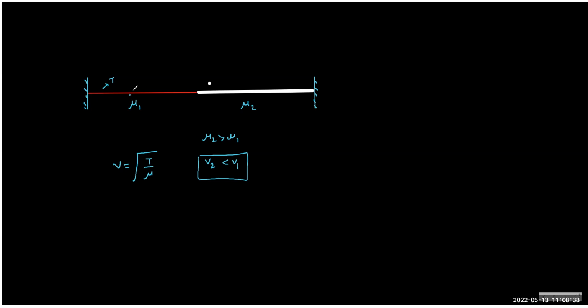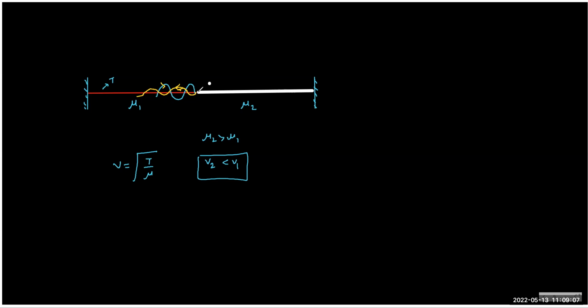So if a wave is traveling from this side, then the reflected wave, after reflection, the new wave will just revert with less amplitude. Incident, reflection.